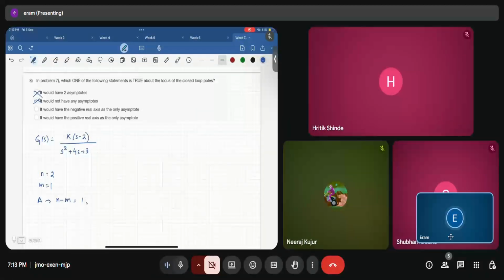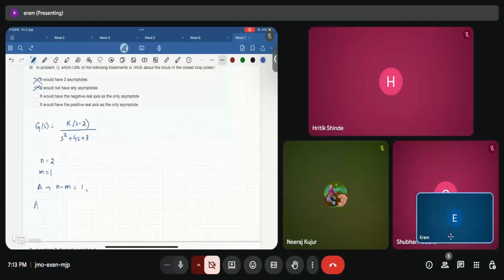We are following the complementary root locus, so in that case what will be the angle of asymptote? In the original case it is odd multiple of 180 degree, plus minus 180 degree divided by n minus m.